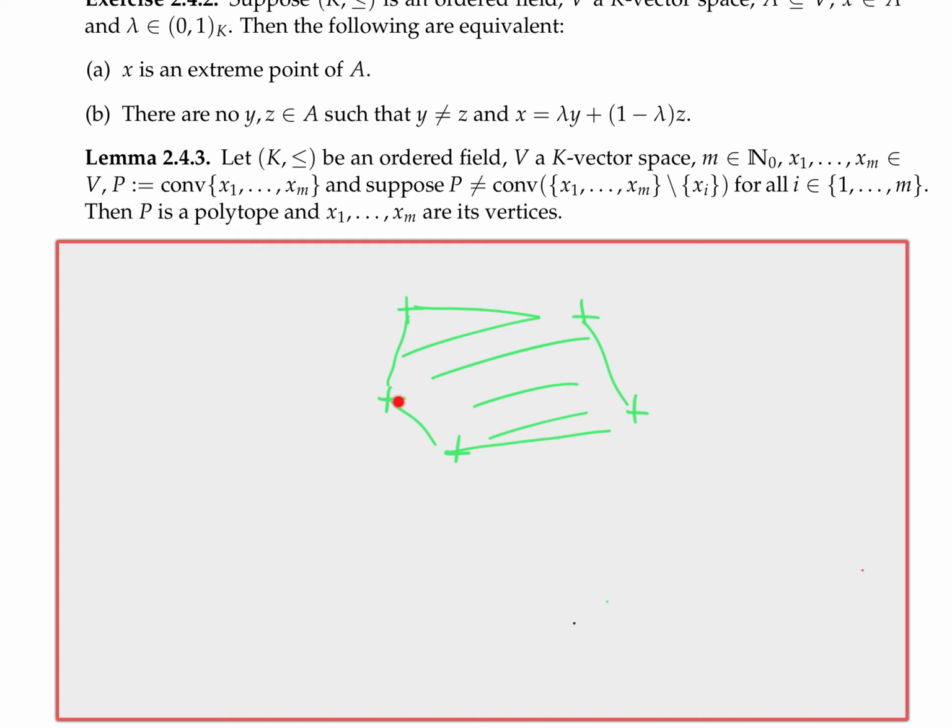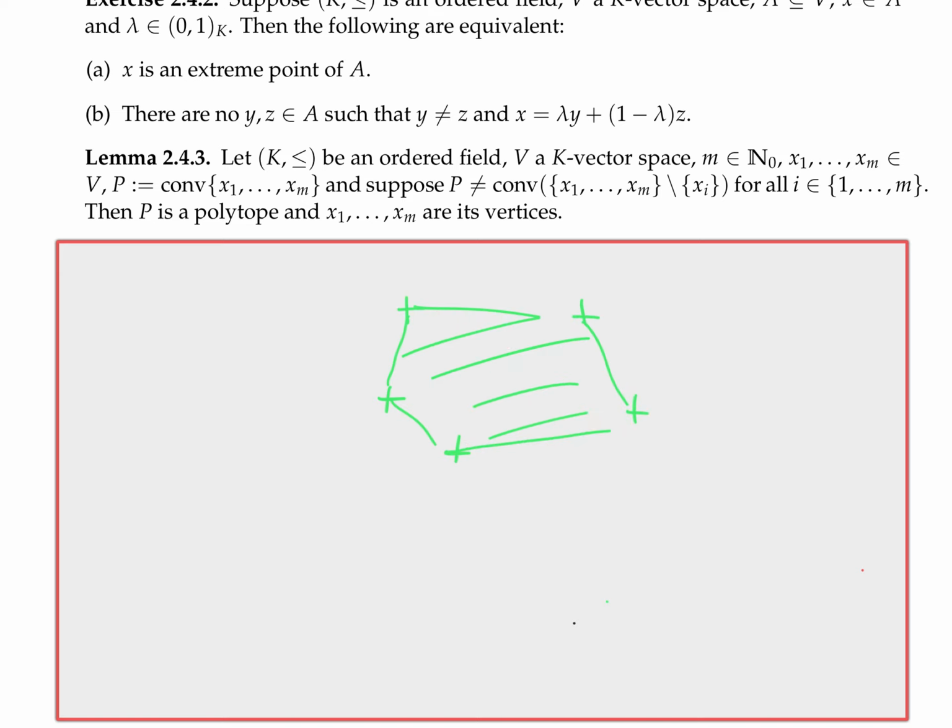Now if I take out one of these points, the convex hull gets immediately smaller. So let's just keep the red points and take out one. Now the convex hull gets immediately smaller, and that is true whatever point I take out, right? And then the intuition, I think it's easy to believe that these points are then vertices, are extreme points. And I call them vertices because I have actually a polytope, which is trivial.